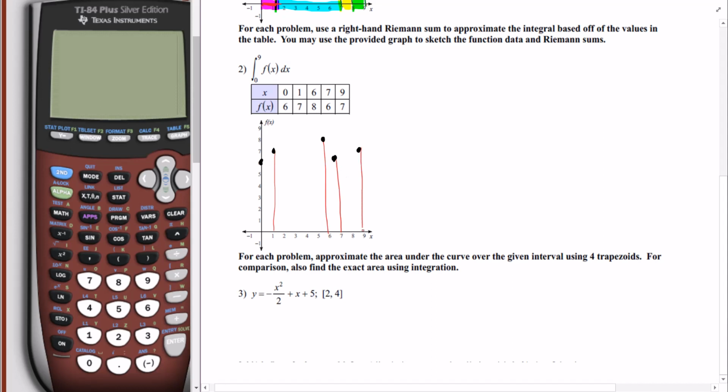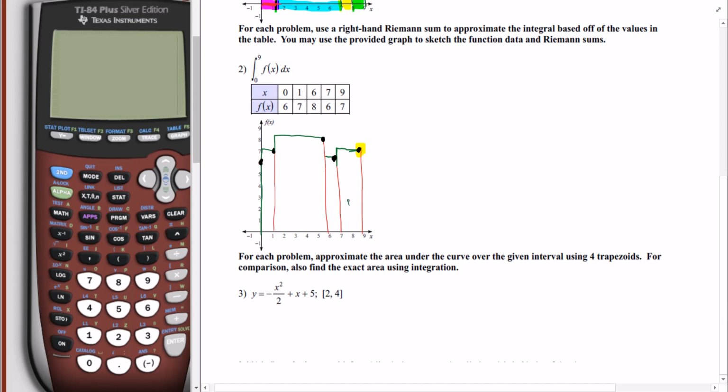Again, it doesn't have to be perfect. And we're going to use a right-hand Riemann sum, which means we're going to be starting at the right endpoint, right? We're going to start over here, and we're going to go to the right until we get to the next number, which means we're going to go there, and then we're going to use this point to go over, make that rectangle there. We're going to use this one to go over until we get to the next one there, and then this one will take us the rest of the way to there.